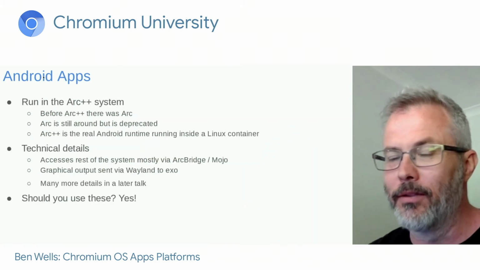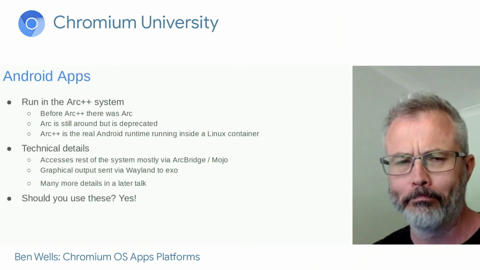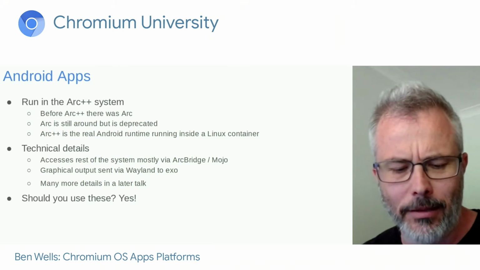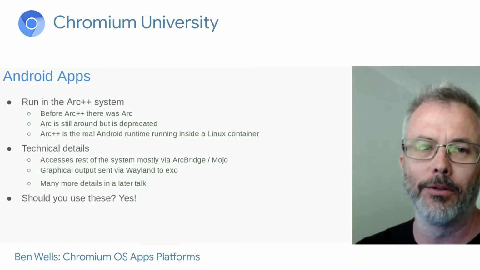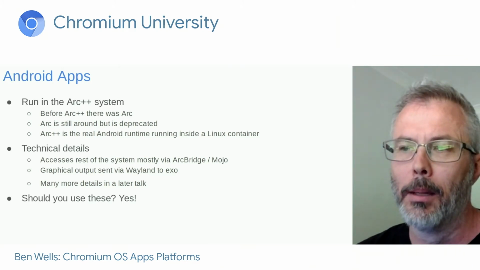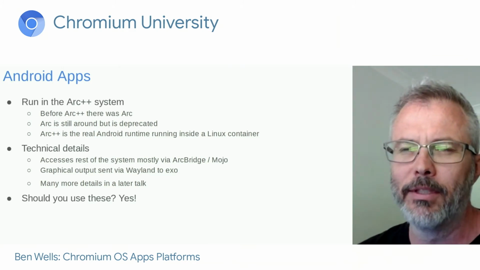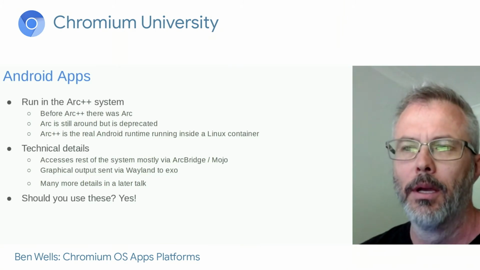Android apps, giving some technical details, run in the Arc++ system. Arc++ is the second version that we've got for an Android runtime on Chrome OS. The first was just Arc. Arc, I believe, is still around, but it is also deprecated.